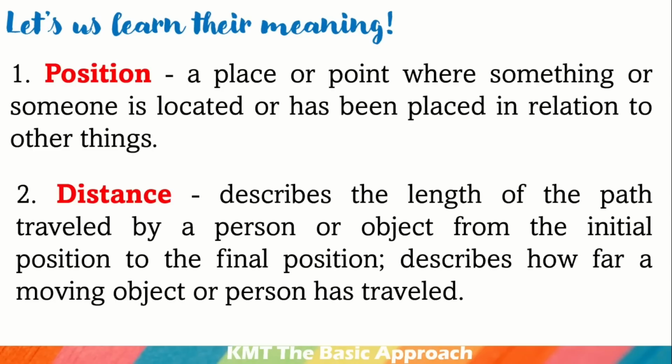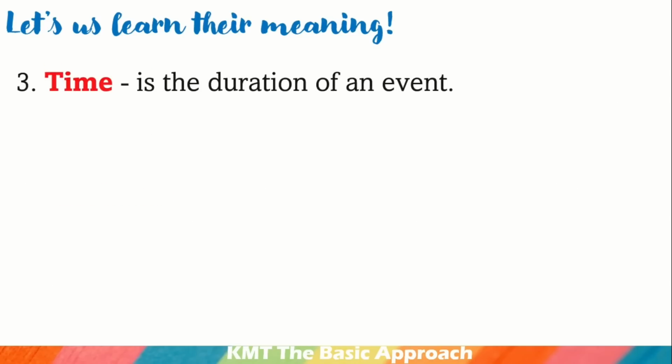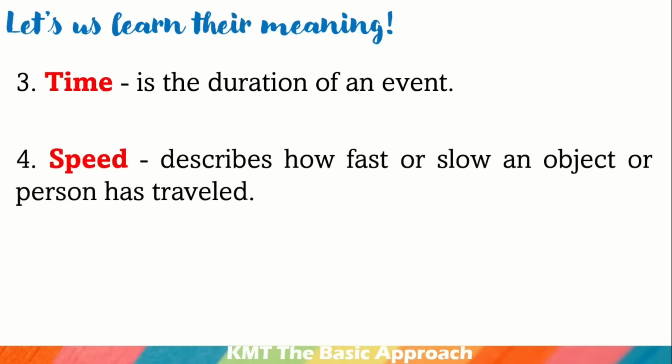Describes how far a moving object or person has traveled. Number 3, time. Is the duration of an event. Number 4, speed. Describes how fast or slow an object or person has traveled.